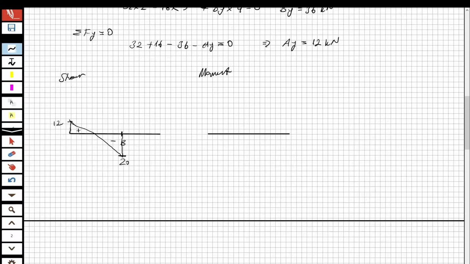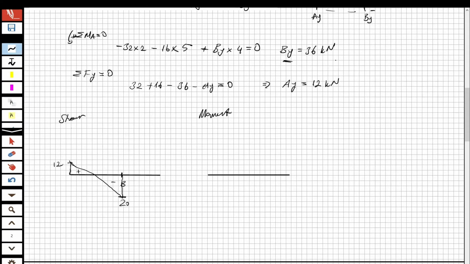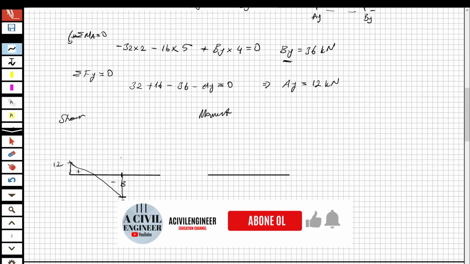And this is positive, this is negative. And I have reached this point. And look at here, at By, I have a vertical force as a reaction force of the support, which is 36 kilonewton. So I'm going to apply 36 at this point. When I apply 36 in the upward direction, I'm going to reach the point 16, okay?